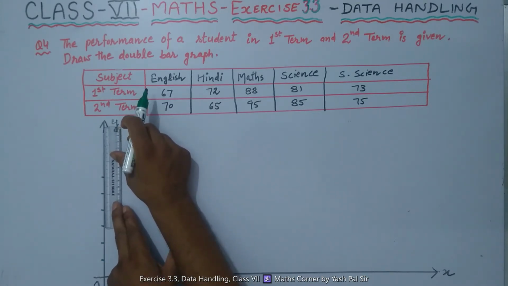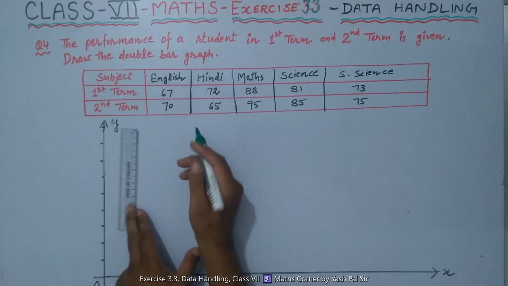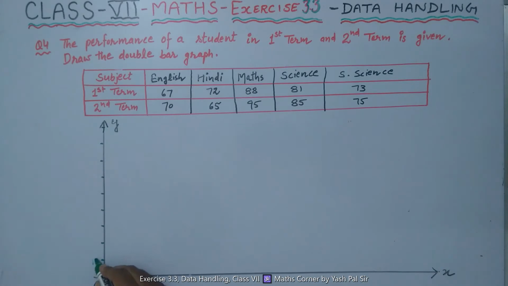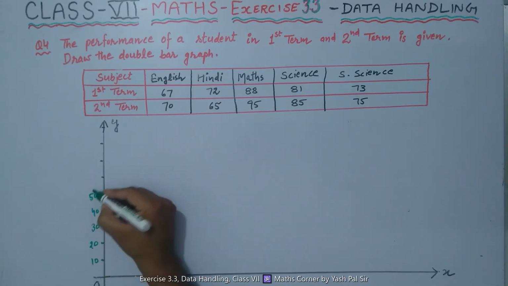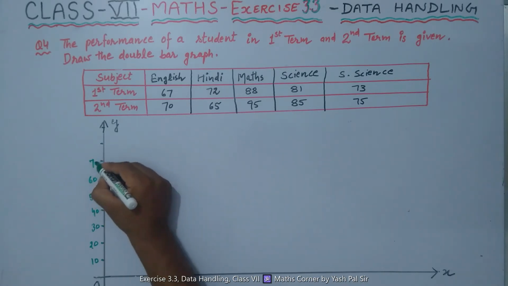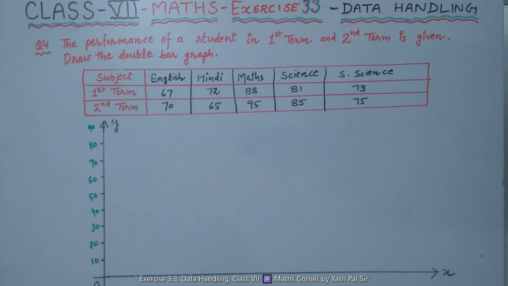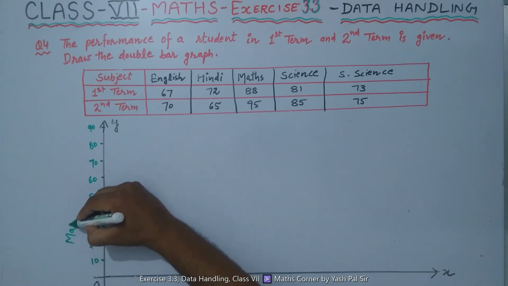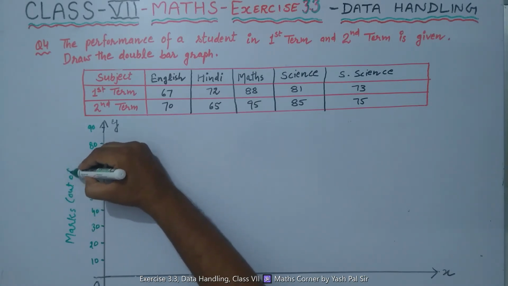Then we have 70, 80, 90 marks. Okay, so here we can write 10, 20, 30, 40, 50, 60, 70, 80, 90. So now what we write here, marks out of 100.